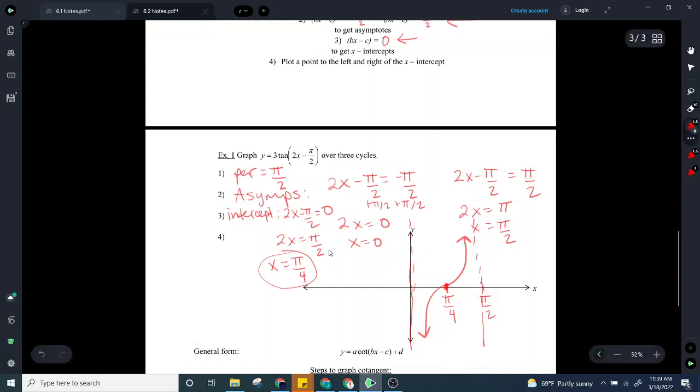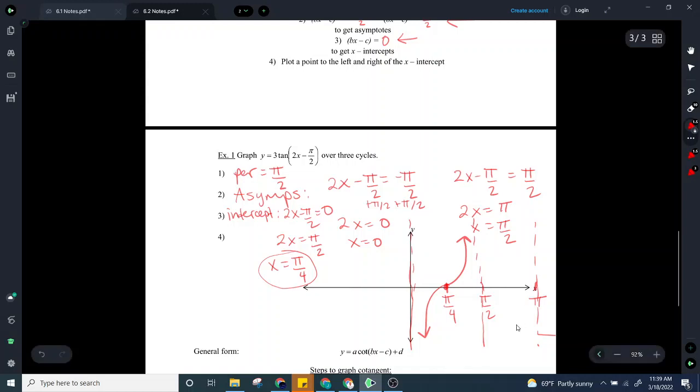They said over 3 cycles. So if it repeats every pi over 2 radians, the next asymptote would occur pi over 2 units later, which would put me at pi, right? The halfway point between them would be in between pi over 2 and pi.